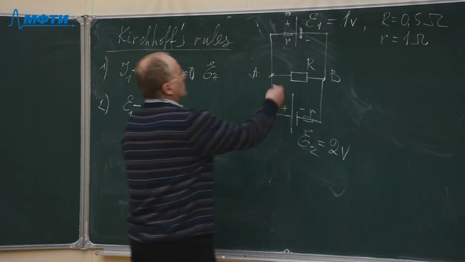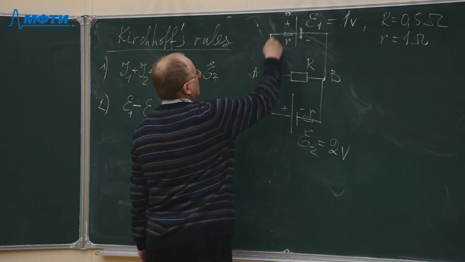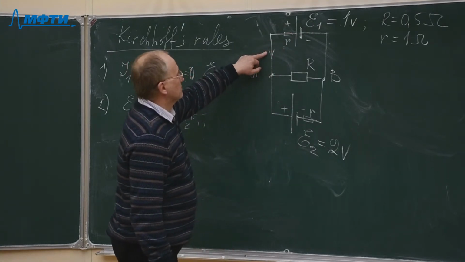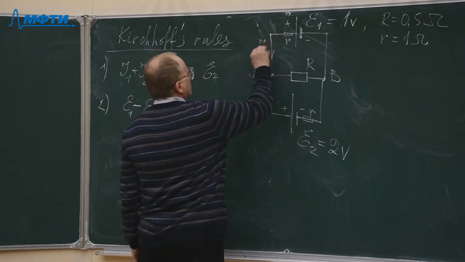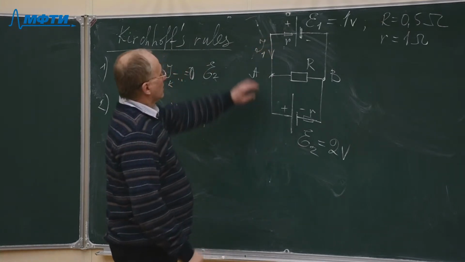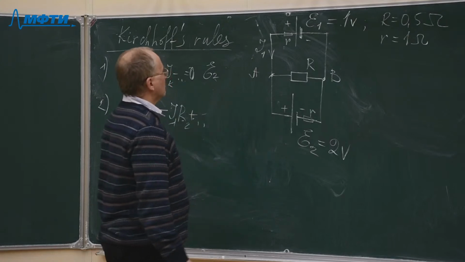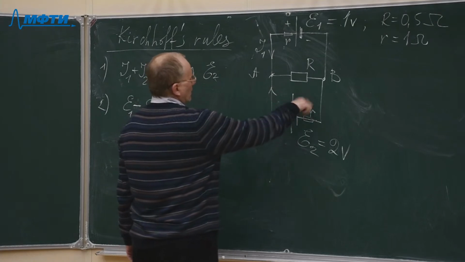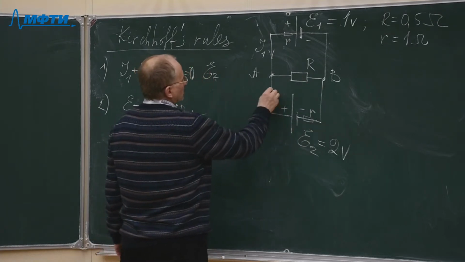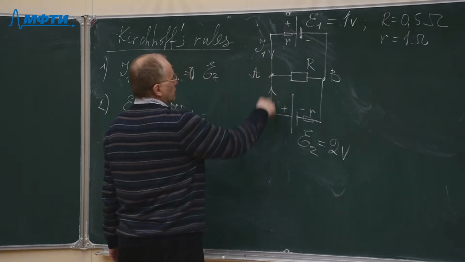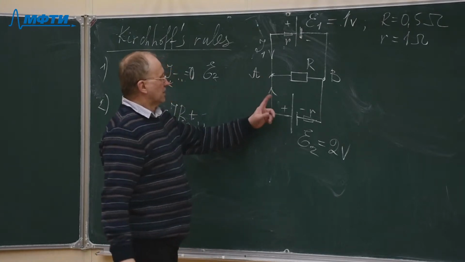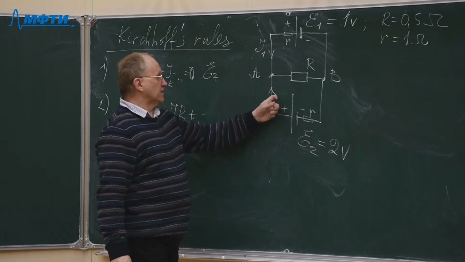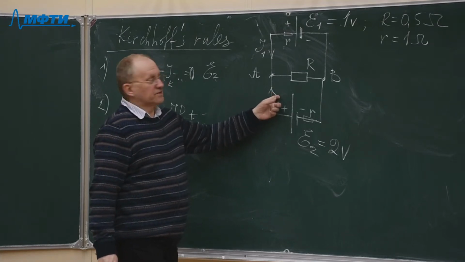Okay, so there is a current in this wire. Let's choose the direction arbitrarily. I don't know the direction. And let's denote this current by some letter, for example I1. And there is a current flowing here. Let's choose the direction which seems to be correct, but I repeat, if the chosen direction is opposite to the real direction of this current, then what we will obtain will be just a negative value for this current.